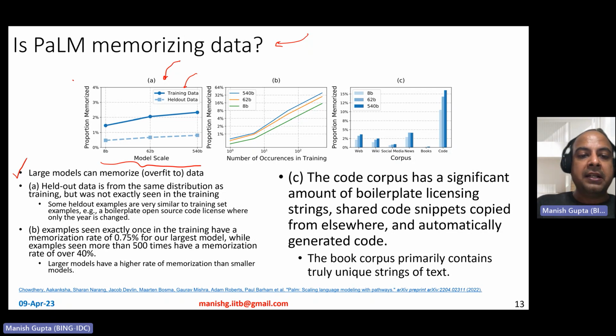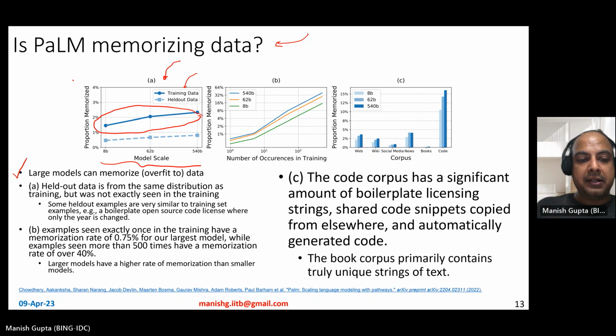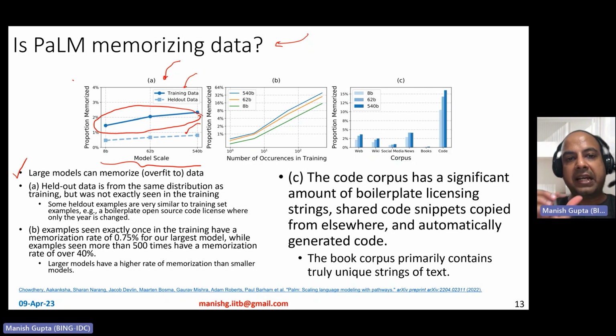What is observed is that in about 2% of those cases, the PaLM model memorizes things and spits out exactly the same sentence. But in held out data, this kind of behavior is less than 1%. Held out data is from the same distribution as training, but was not exactly seen in training.